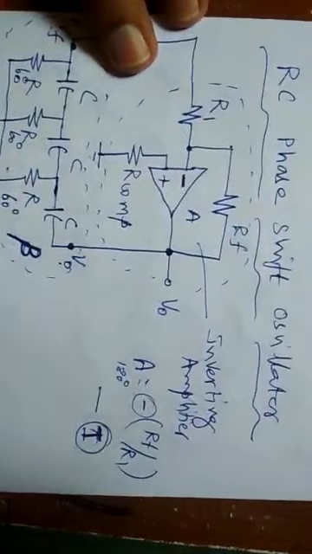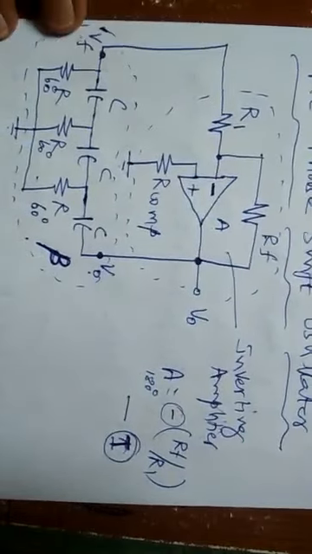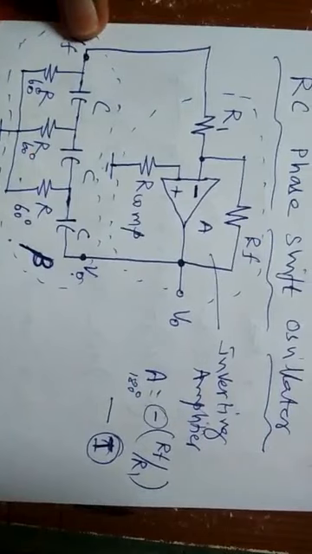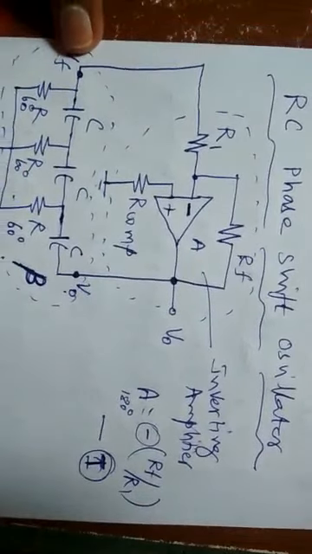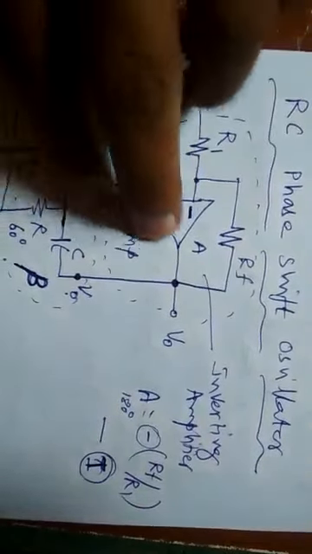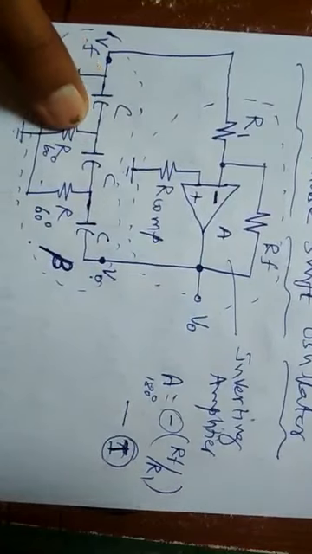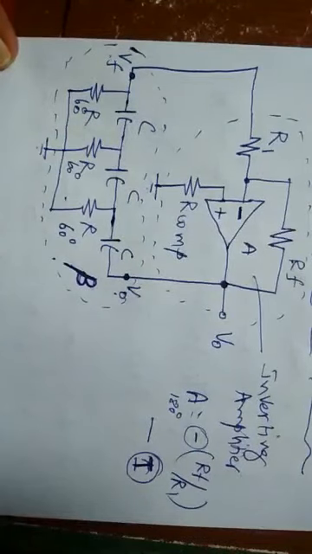So when these things are proved, this amplifier becomes an oscillator, and this oscillator especially has 3 RC pairs in its feedback. So the name of this oscillator is RC phase shift oscillator, and it functions with 0 degree phase shift. It is used for producing oscillations without any input. That's why the name is RC phase shift oscillator.